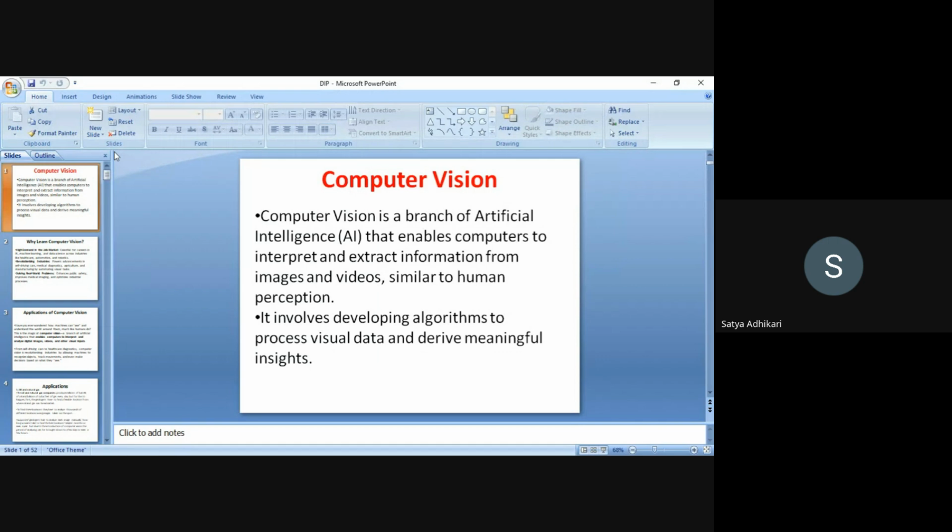Like a human, a computer also extracts information from the object, from that picture. That is called computer vision. How does the computer extract information from that image?